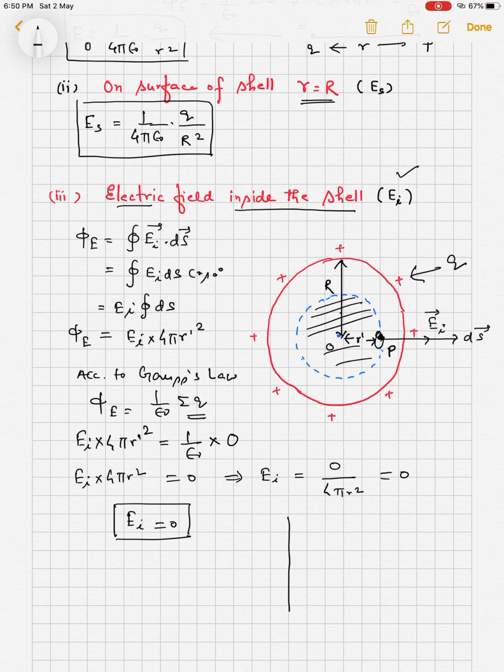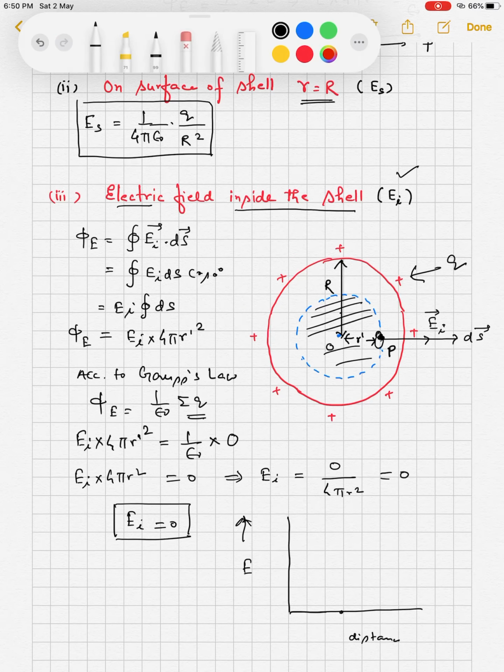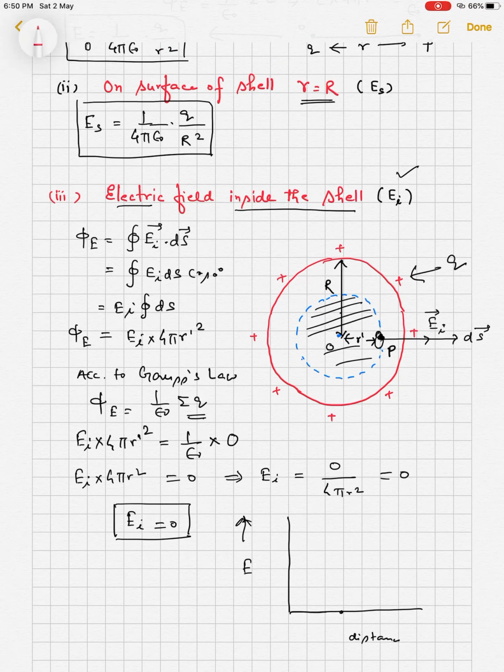If we draw a graph between the distance and electric field, then up to R there is no electric field, as inside the cell means up to R there is no electric field.